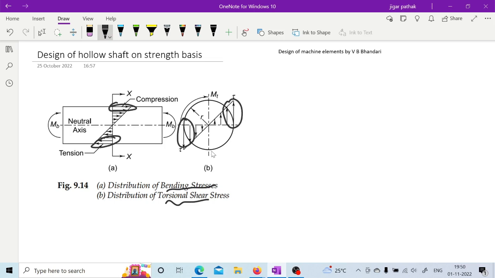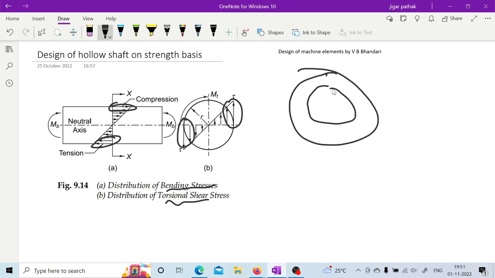So as stresses are distributed in that region, instead of going for a full shaft, we can also go for this kind of hollow shaft, because stresses are maximum in this region. Are you getting it?